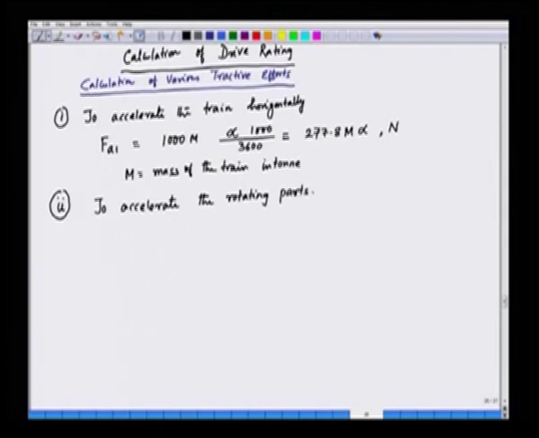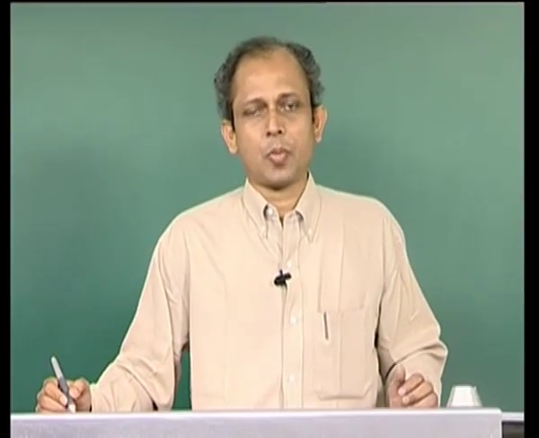Let us effectively find out the moment of inertia. What is the moment of inertia of the rotating components? We have two rotating components, one is a wheel, other is a motor. Now suppose we have number of axles equal to nx.